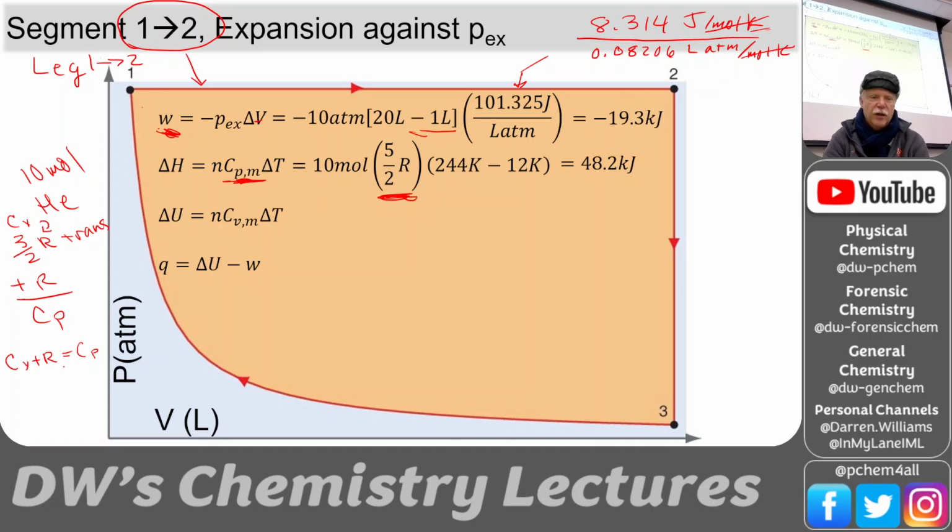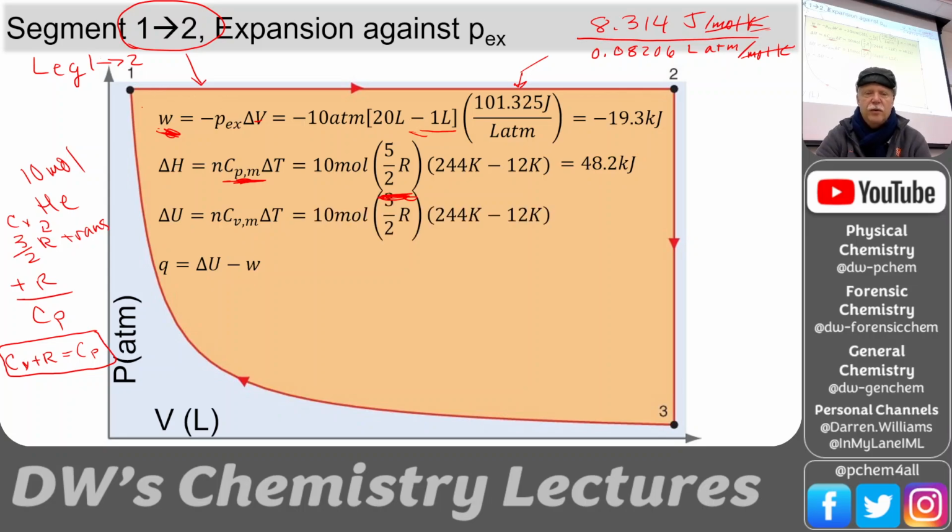It's just one of the definitional equations. So if you know all their CVs, which we do, the translation, rotation, vibration, then you just add an R to get the CP.